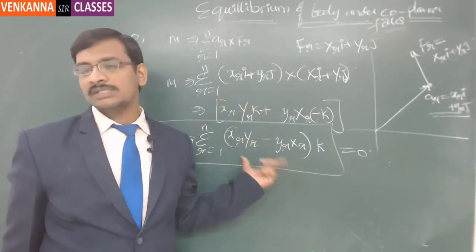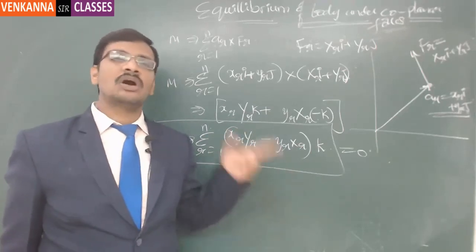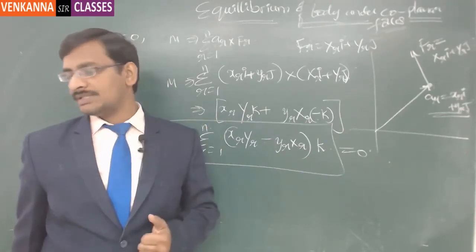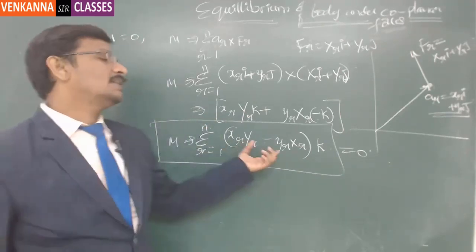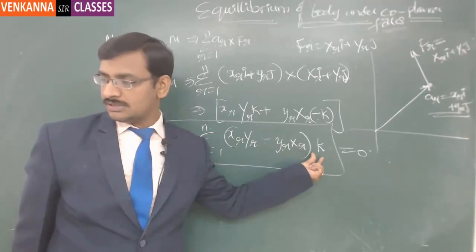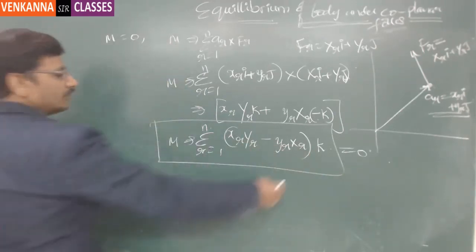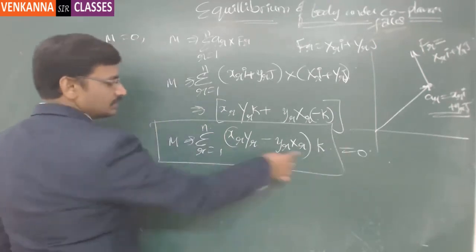The assumption means the XY directions you can always treat as the plane of the system, right? So that's why it is perpendicular to the plane of the forces, because all the forces are coplanar here. Now with this understanding you can ignore this K, because K is only one direction.